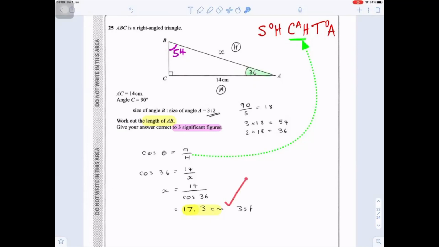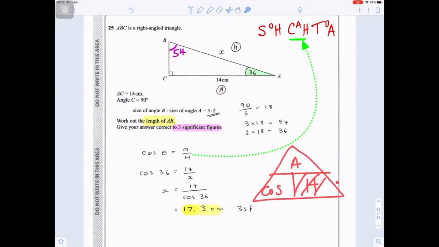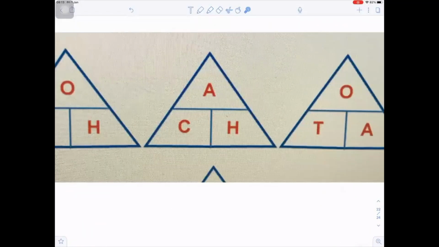So we use that trigonometry to work out the length of AB. In that triangle, cosine is adjacent over hypotenuse. So if you want to find the hypotenuse, it's adjacent divided by the cosine. This is how you use that triangle.